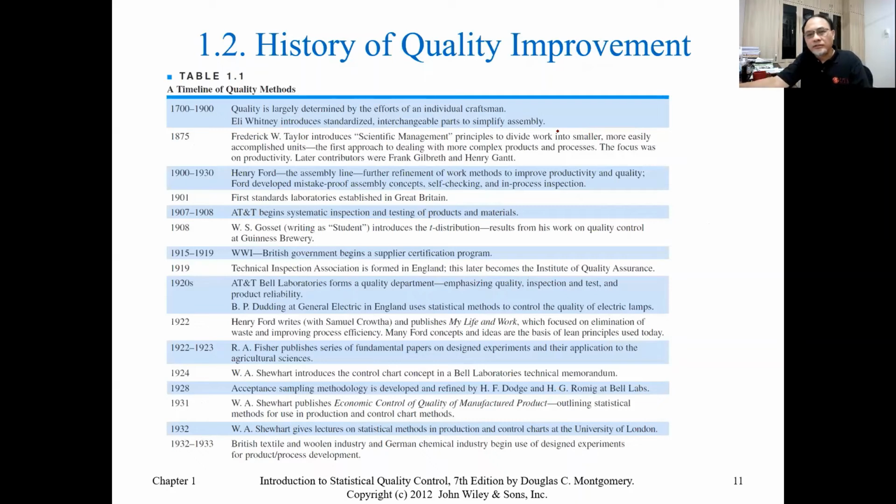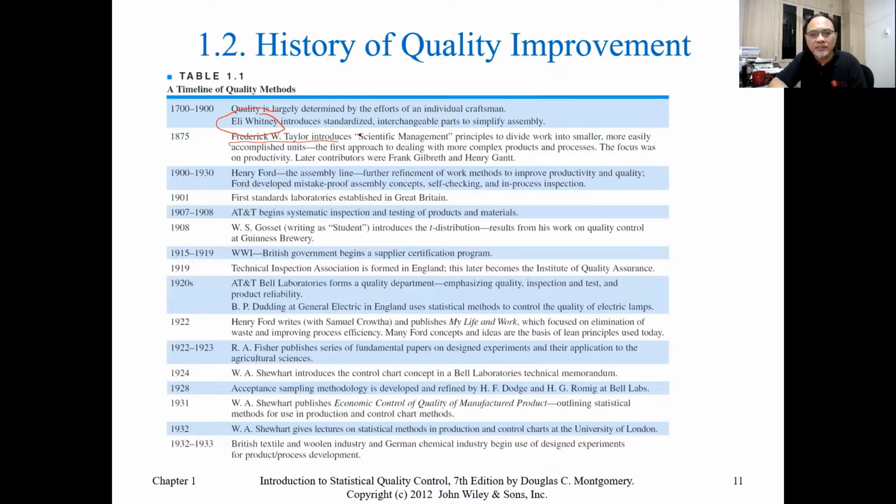So if you look at the history of quality improvement, or this is actually the quality movement development, historical, it has largely been very industry-based and engineering-based, starting from Eli Whitney, during the Industrial Revolution, Frederick Taylor, the father of industrial engineering or scientific management.